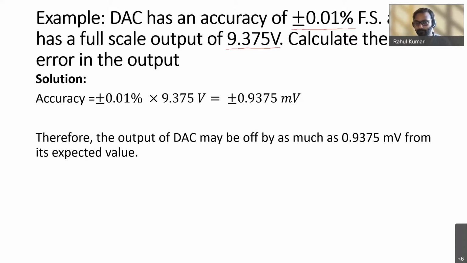So accuracy will be approximately plus minus 0.9 millivolt. What it would mean is the output of your DAC may be slightly off, different by as much as 0.9 millivolt. You may expect a different value and that difference will be 0.9 millivolt, plus or minus.